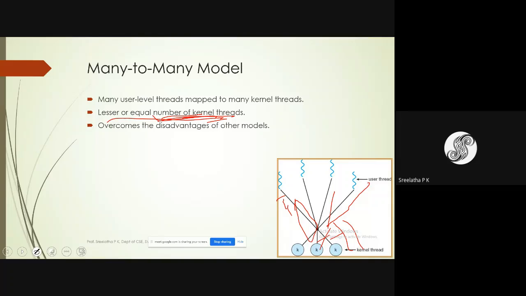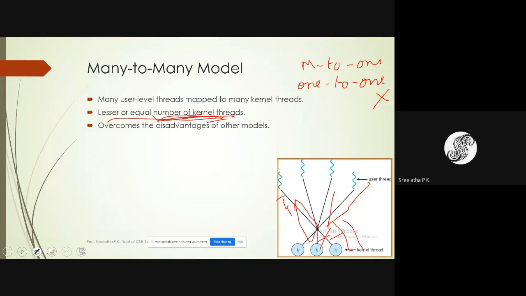So the disadvantage of the many to one model is overcome. The disadvantage of the one to one model was the large number of kernel threads: as many user threads, that many kernel threads were created. Here that problem is also solved.